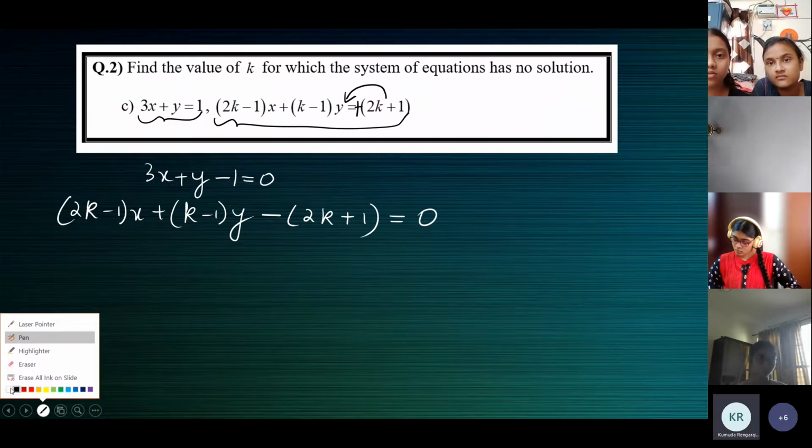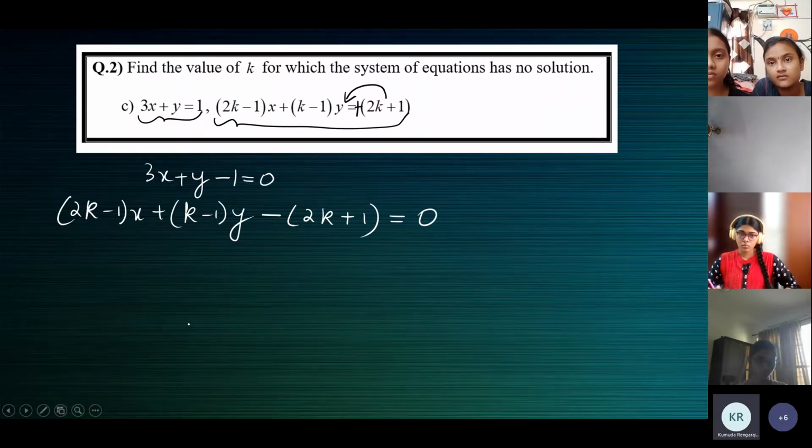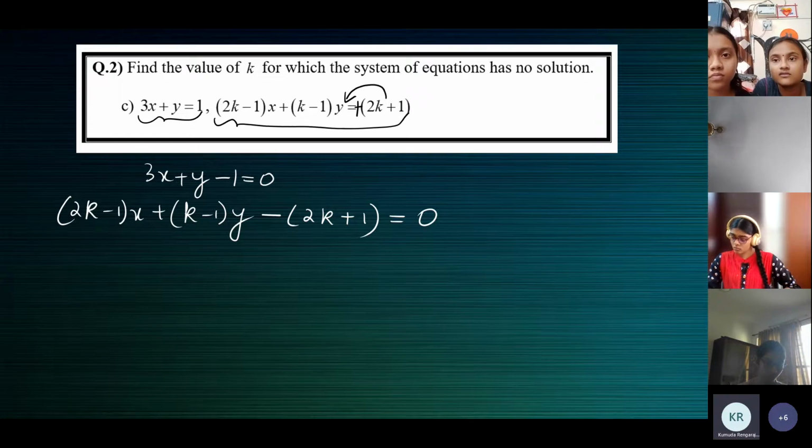Tell me if all of you agree with that. 2k plus 1: before the bracket, there's a plus sign. So when it comes to the other side, it stays in the bracket 2k plus 1, and plus becomes minus outside the bracket.